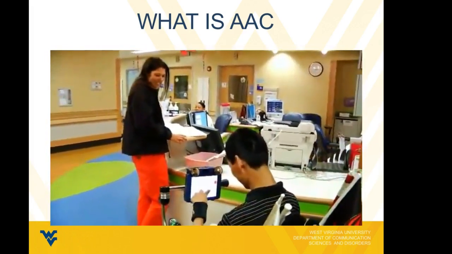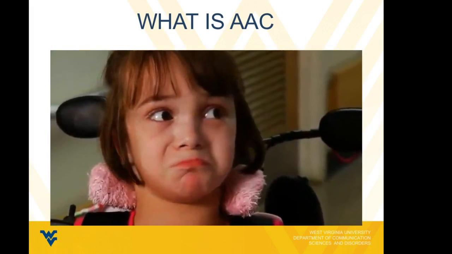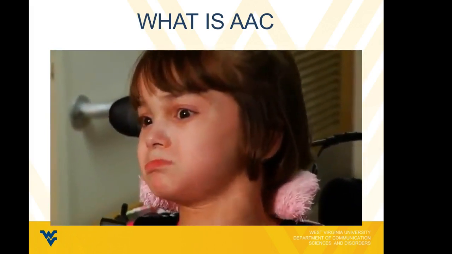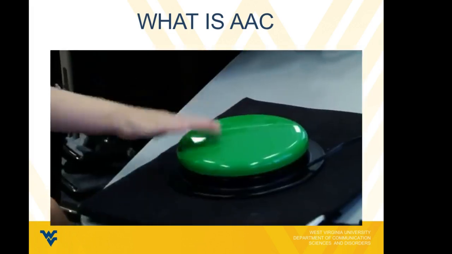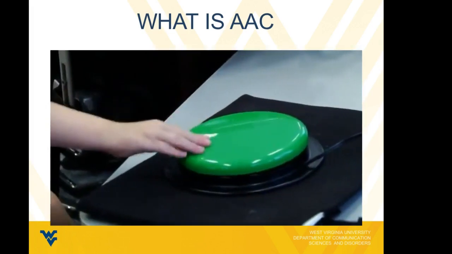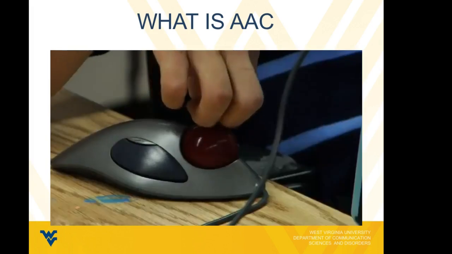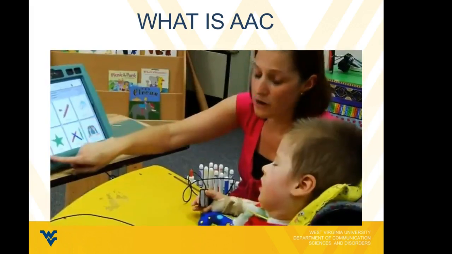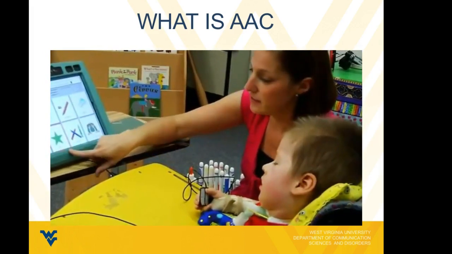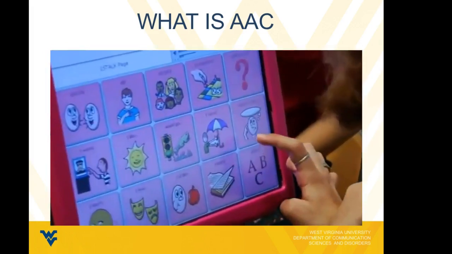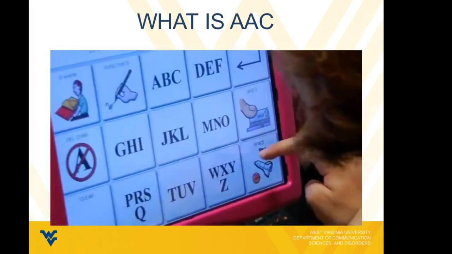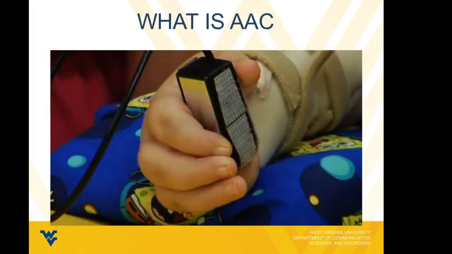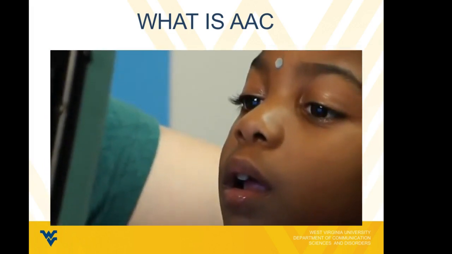Using AAC can also help decrease inappropriate behaviors, such as crying or tantrums that are often due to the child's difficulty with communication. There are a wide variety of ways that people access AAC. Access is the way an individual makes selections on a communication board or speech-generating device. Some of the access methods used for AAC include direct selection by pointing or reaching, scanning using a switch connected to a device, head pointing, and eye control.